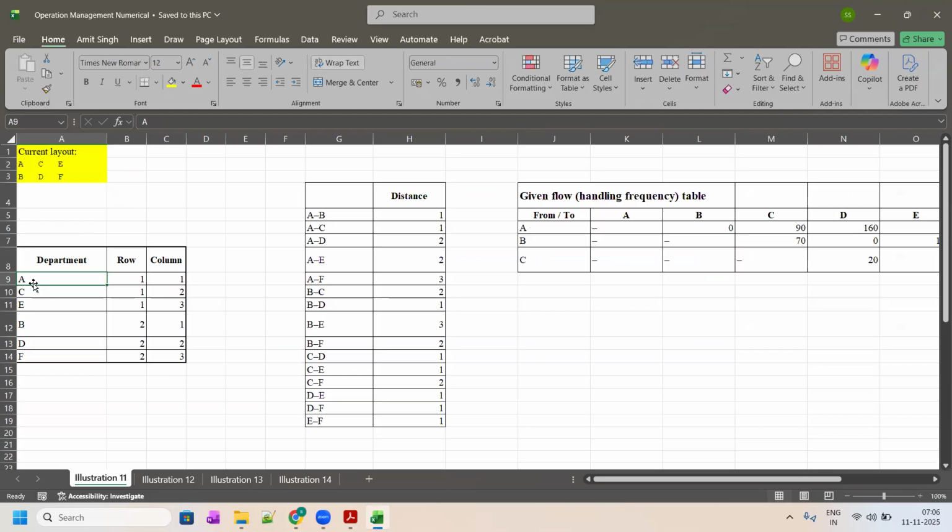A would be row 1, column 1. C would be row 1, column 2. E would be row 1, column 3. B would be row 2, column 1. D would be row 2, column 2. And F would be row 2, column 3. Any doubt?